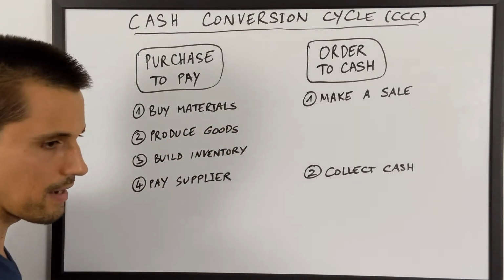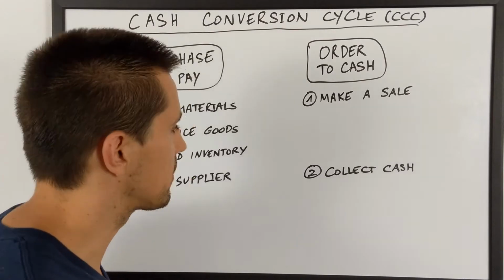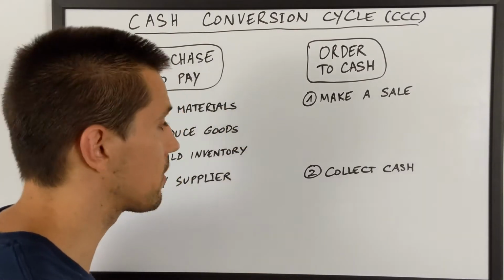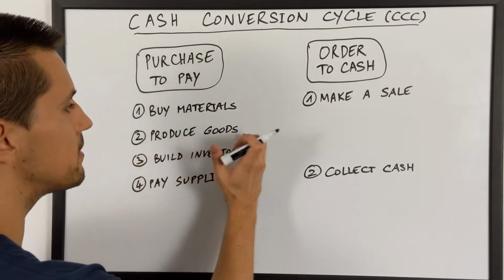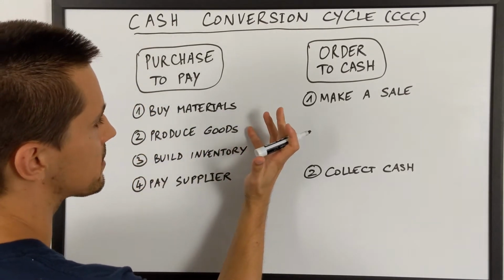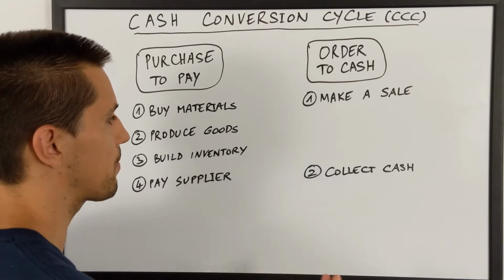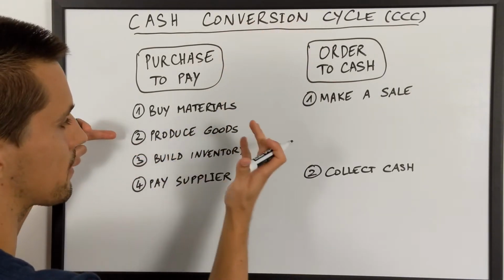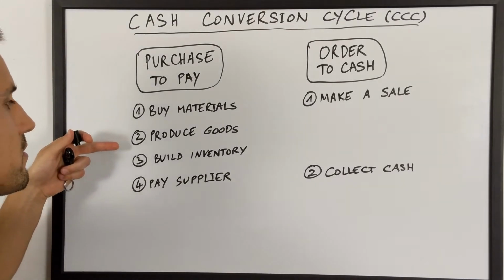Producing goods. Let's imagine you already have the factory and all that stuff, and we're only talking about the production costs. That means your costs are involved, but you are still not paying. So this again is not going into your cash conversion because there is still no cash involved here.